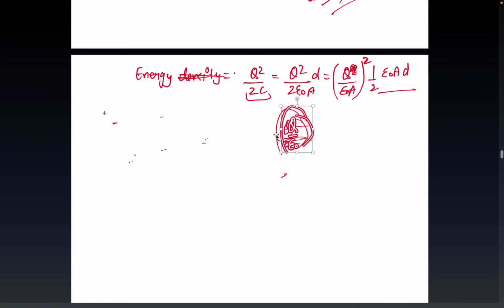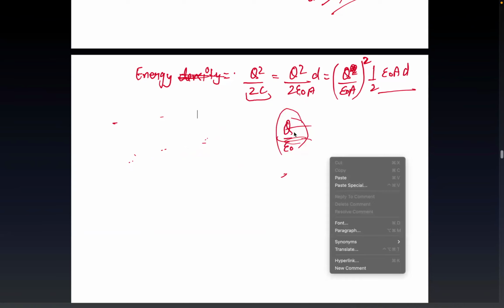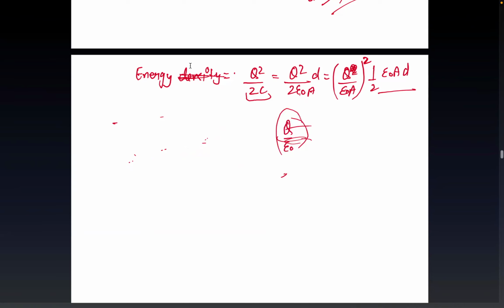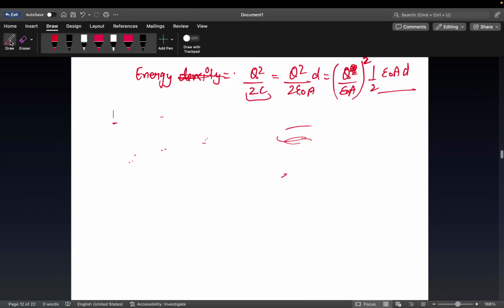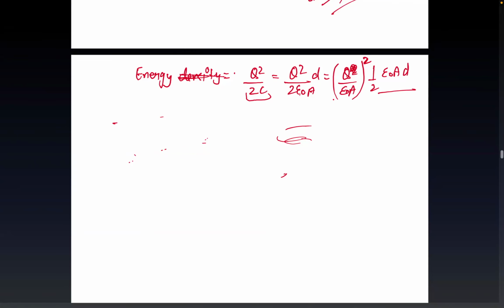Whatever we have got, we can just solve this part and we will get the answer. Finally, I have this thing: Q by epsilon naught, which is nothing but flux, and this is nothing but area. So can I say flux by area is electric field?